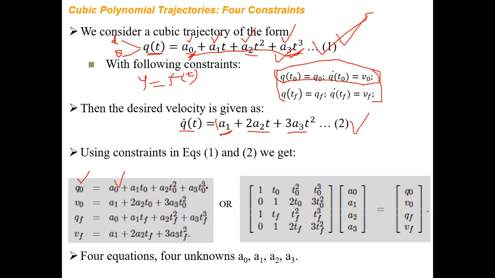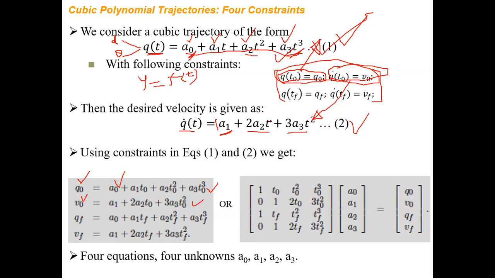That's my first. I have used this condition in equation 1. Now let me use this condition for equation 2. If I do that, what do I get? q dot at t0 is v0, right? So v0 equals a1 plus 2a2 t0 plus 3a3 t0 squared. I'm done with this one.